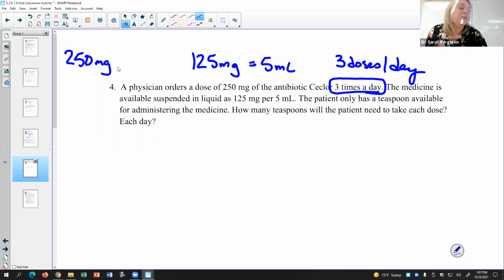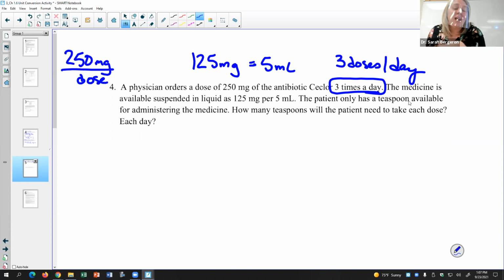So this is 250 milligrams of the antibiotic 3 times a day. So that's 250 milligrams per dose. They don't explicitly say those things in dosage calculations, but it is a dosage calculation. So you need to be thinking about dosage.